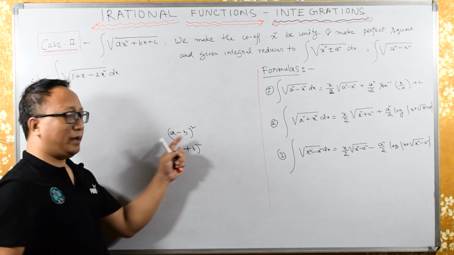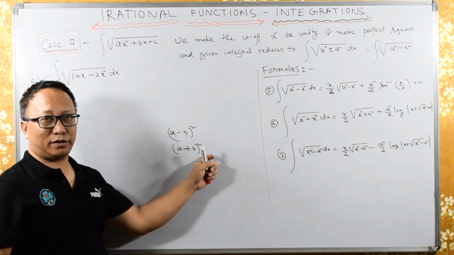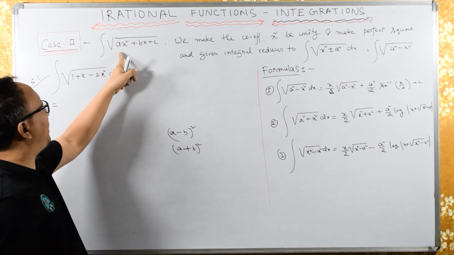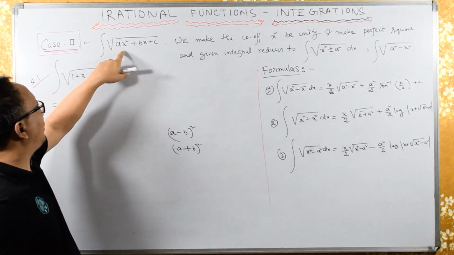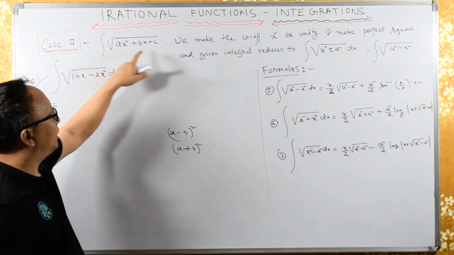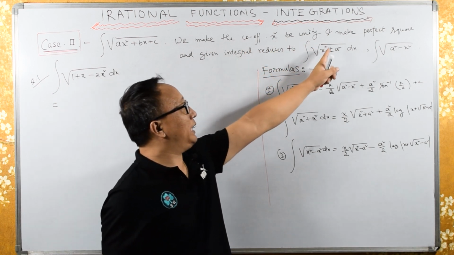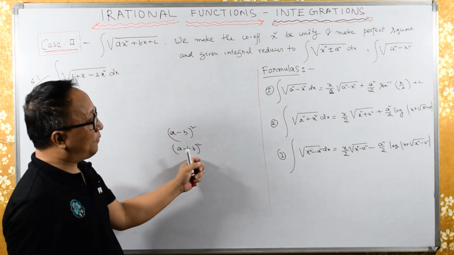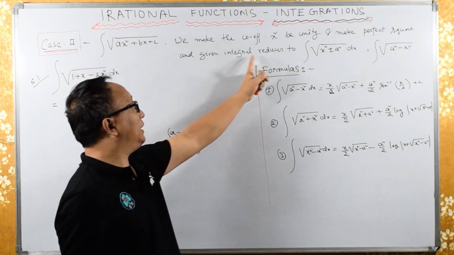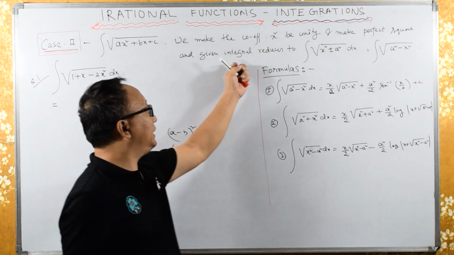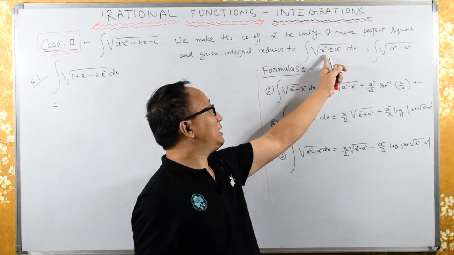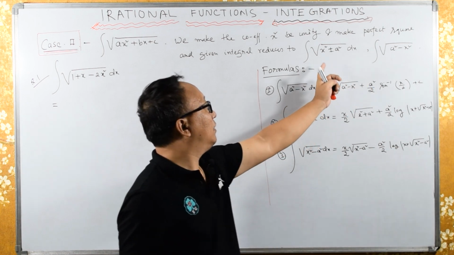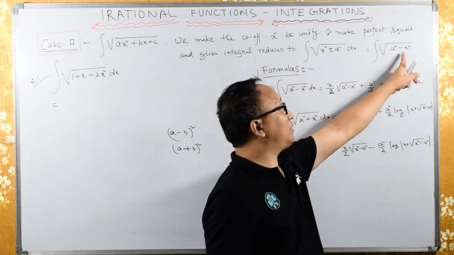So our aim is to make the coefficient of x square unity and make a perfect square. Then the given integral reduces to x square plus a square, or it may be x square minus a square.